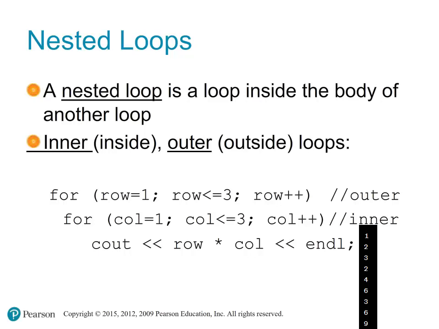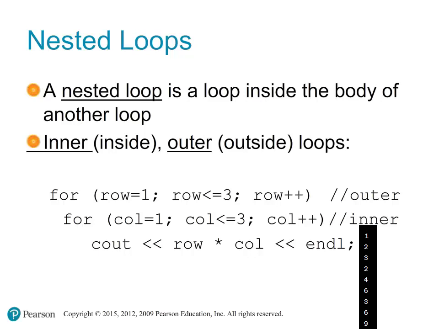Here is the output. When row equals 1, the inner loop iterates 3 times with column from 1 to 3. So 1 multiplied by 1 equals 1. Then 1 multiplied by 2 equals 2, and 1 multiplied by 3 equals 3.